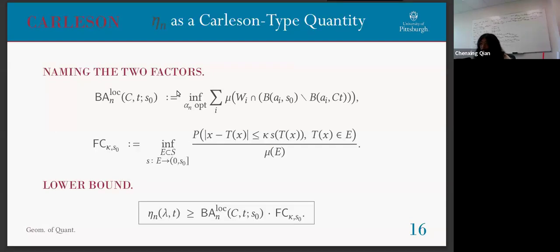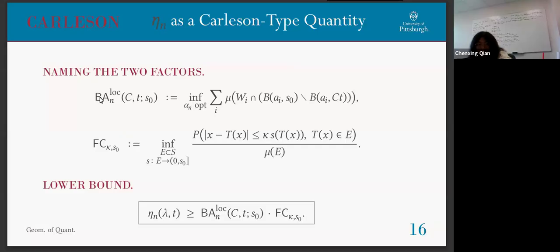Let's look more precisely at the two quantities here. They are basically the infimum of the base annulus quantity and the infimum of the probability over the push-forward measure.